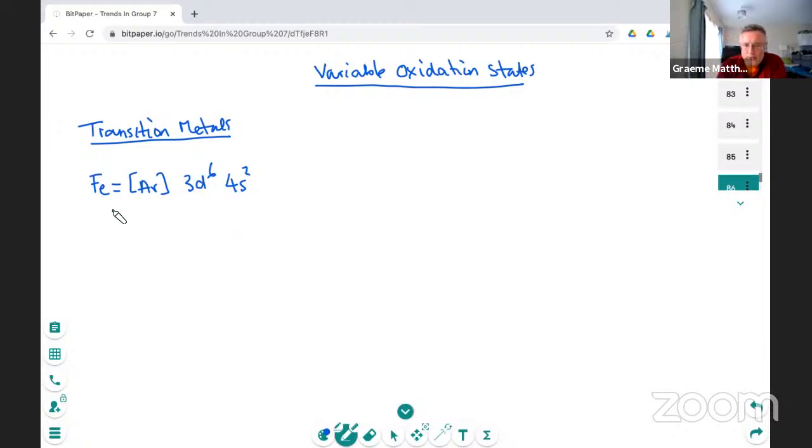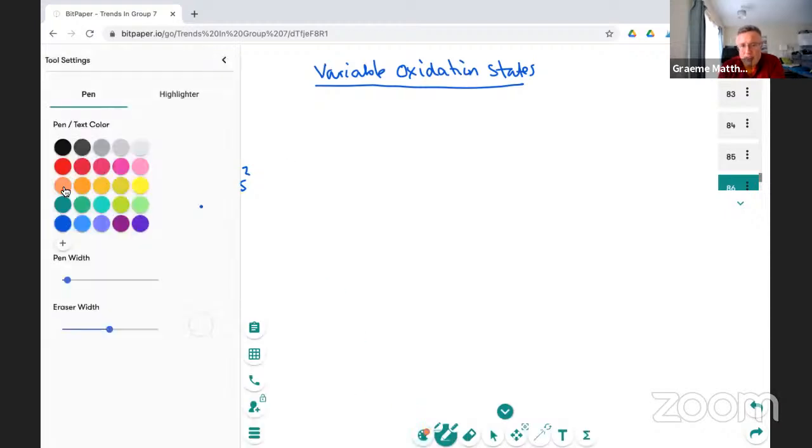Now you're thinking, the only one I hear of for iron is Fe2+, and that's true. Fe2+ is where I removed 2 valence electrons, these 2 on the outside.